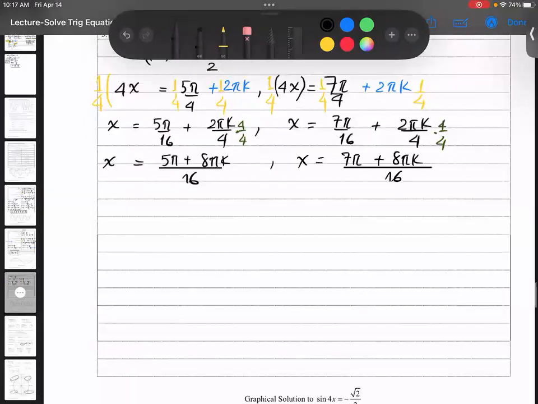Now you do your k thing. When k equals 0, then x equals what? 5 pi over 16.